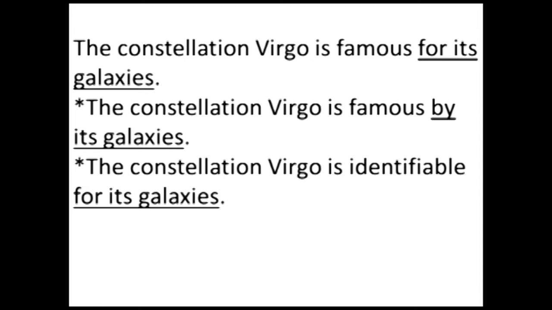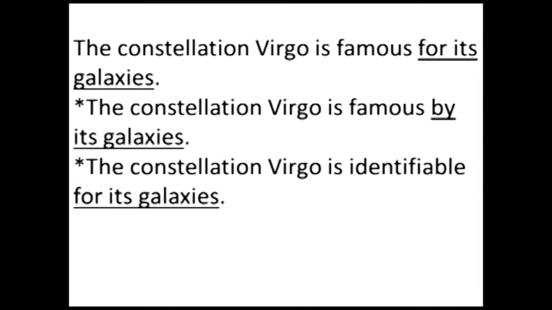Also pretty weird. Doesn't sound like the right grammar. The reason the second one fails is that famous doesn't license a prepositional phrase headed by by. The reason the third one fails is that identifiable, also a good adjective, doesn't license a prepositional phrase headed by for. Adjectives are picky about the prepositional phrase complements that they license.